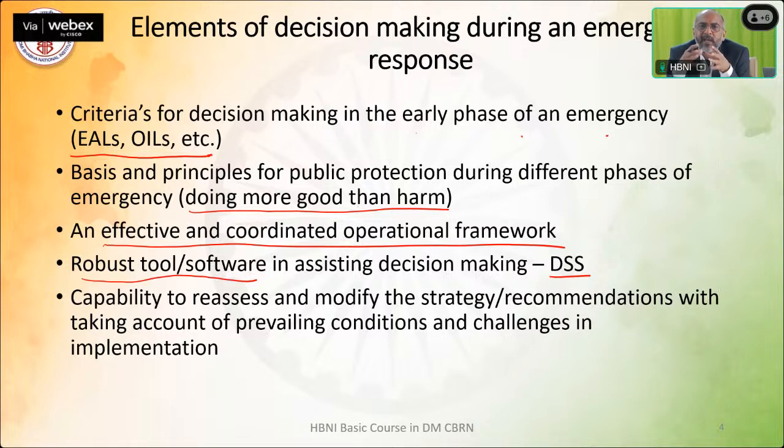Probably I'm going to take extra time to reach those places. What else can I do? In that situation, we should listen to the challenges in implementing a protective action, and then reassess and modify, and we should be able to advise additional or appropriate protective action.